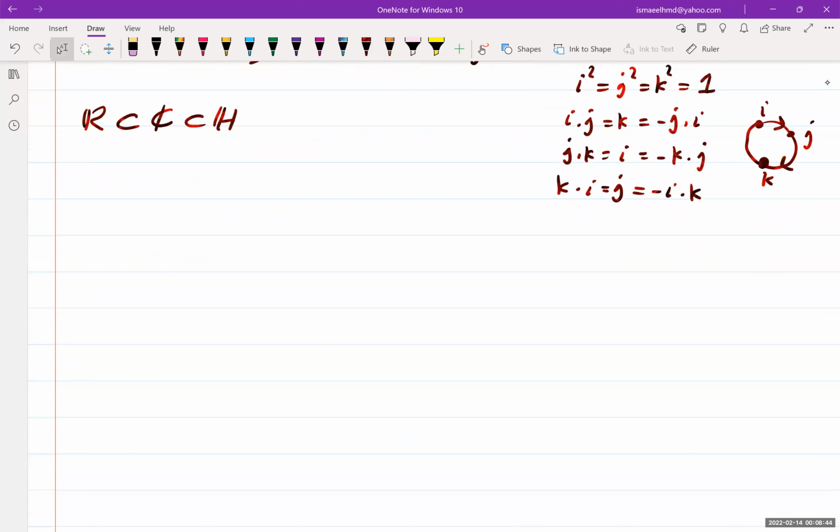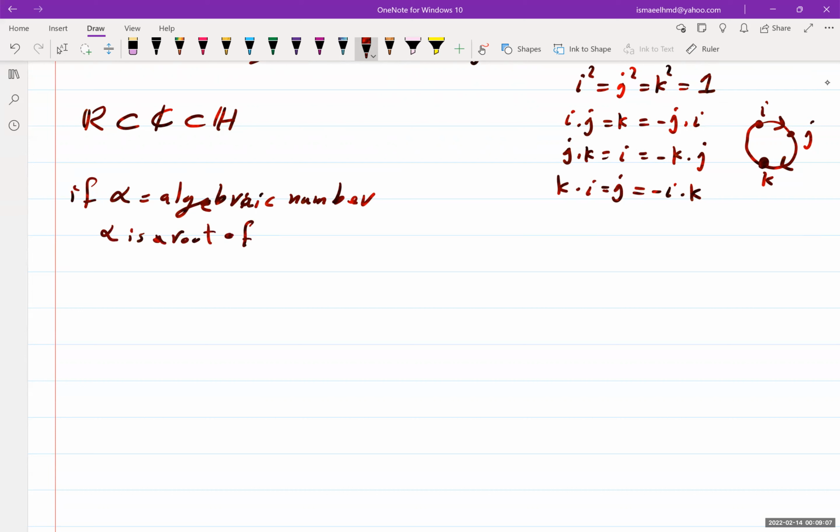As we said before, if alpha is an algebraic number, that means alpha is a root of some polynomial, then Q of alpha is a field.